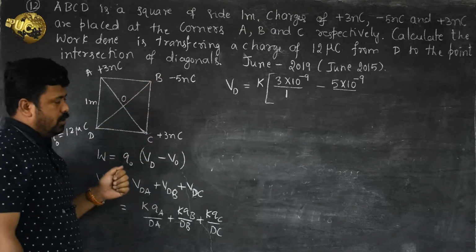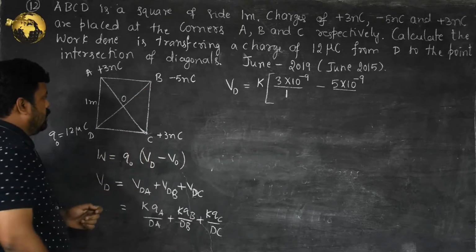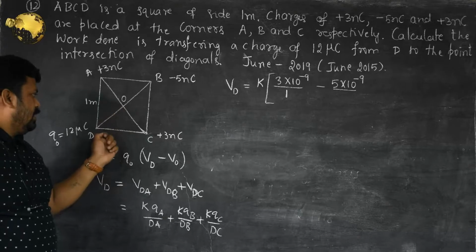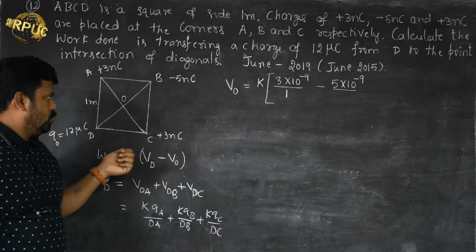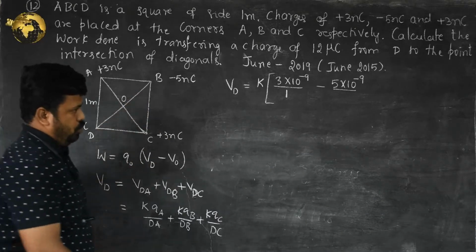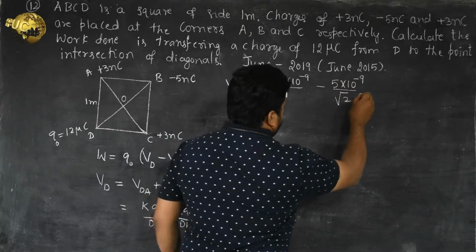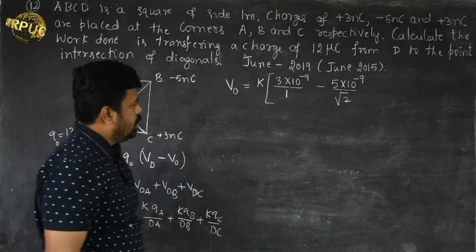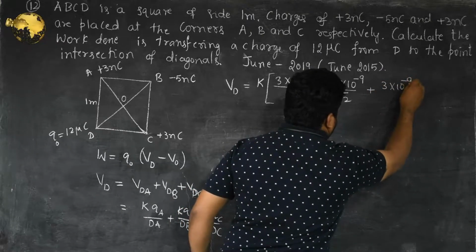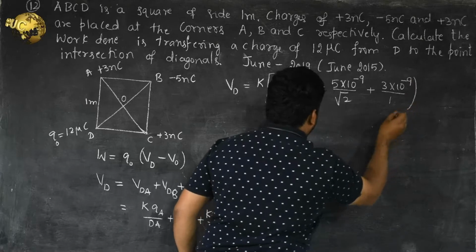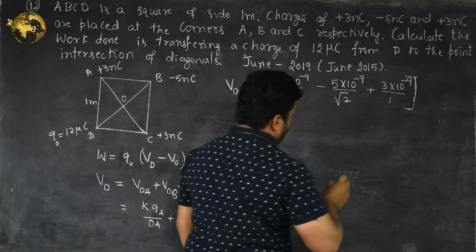Considering the right angle triangle BDC, BD square is equal to DC square plus BC square, that is 1 plus 1, 2. So the value is root 2. Then QC, plus 3 into 10 to the power minus 9 divided by the distance, which is 1.